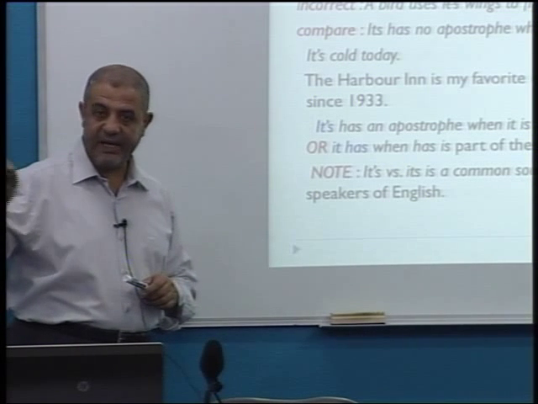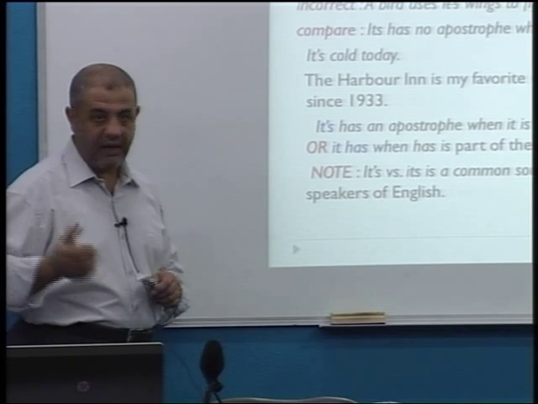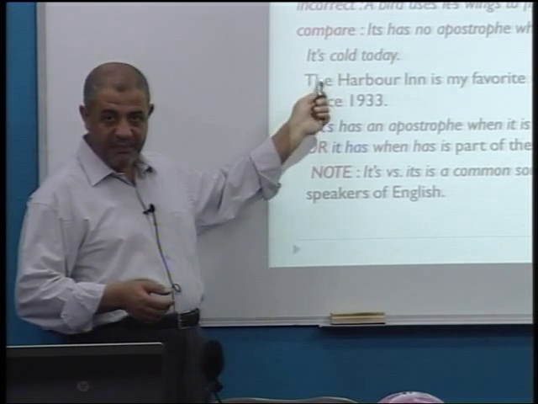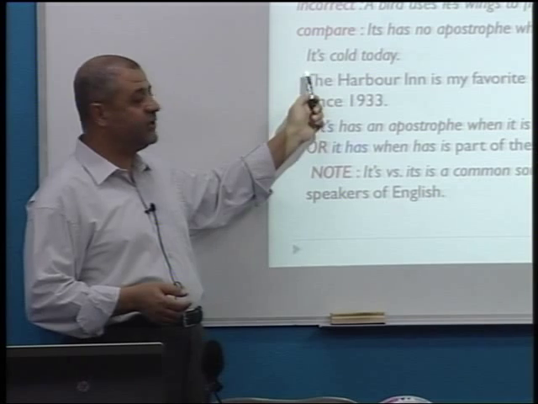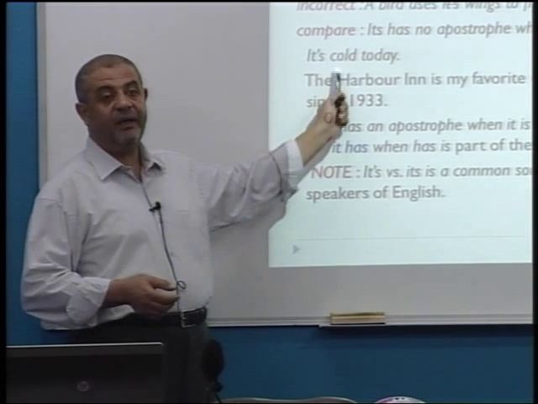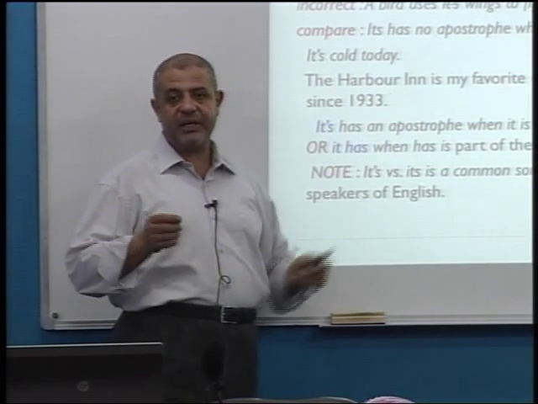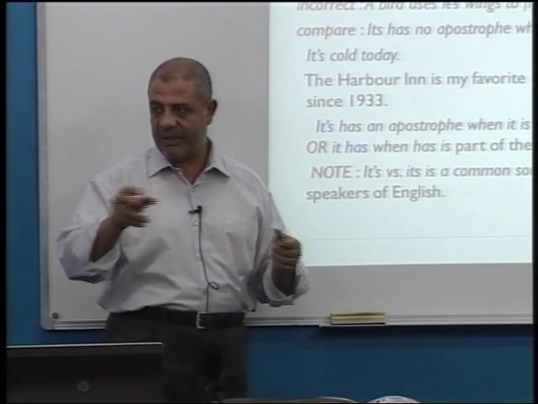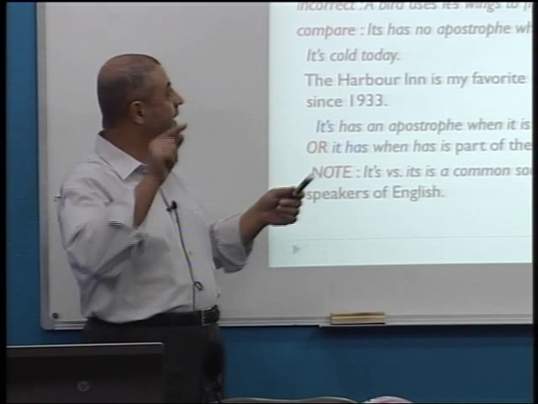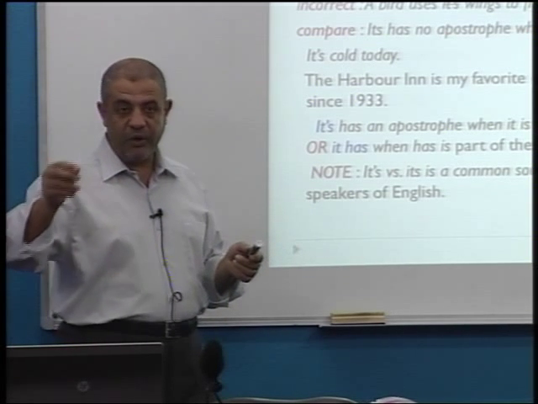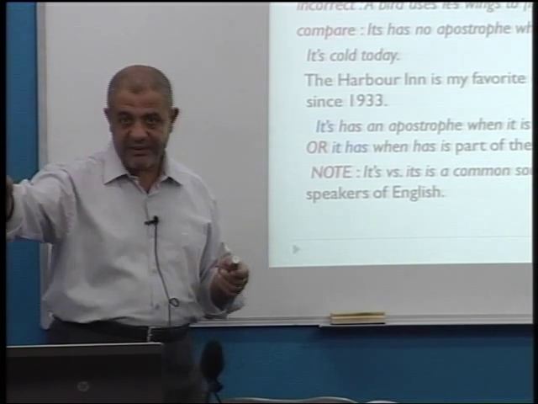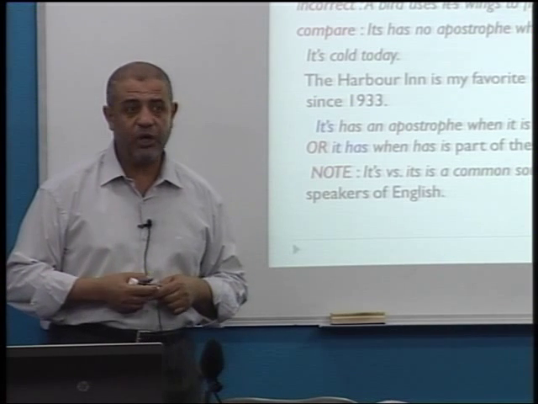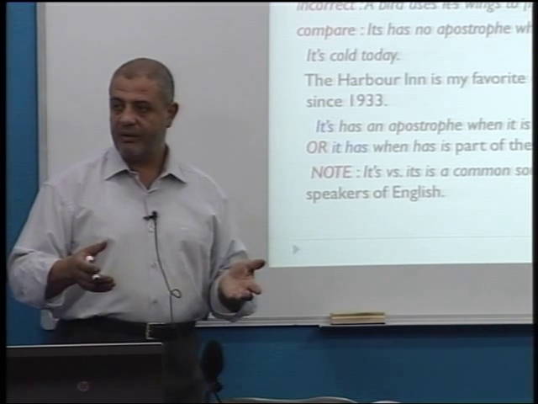In abbreviations, right? Instead of writing it is, we say it's, to show that something is omitted. We don't write a full is, a complete is. So instead of writing it is, we omit a part of the verb is and write apostrophe to show that there is omission.